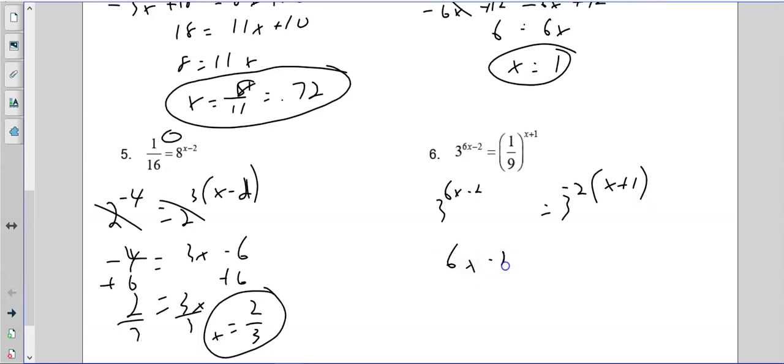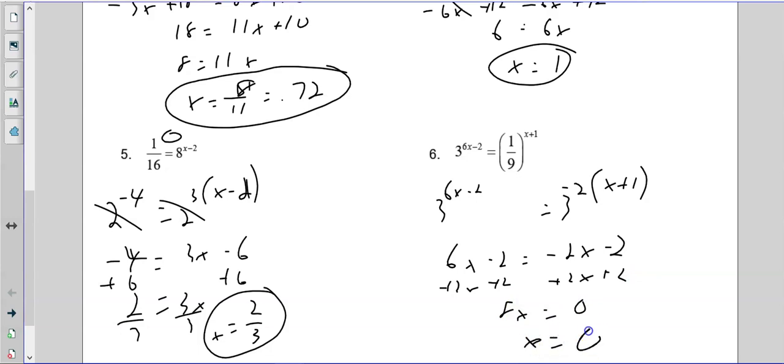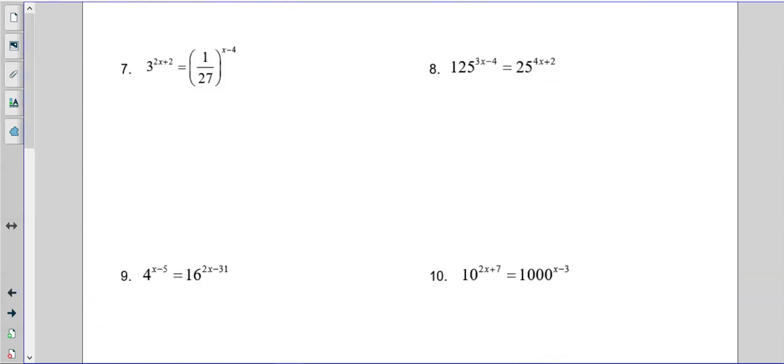So 6x minus 2 equals -2x minus 2. Add 2x. Add 2. And that gives me 8x equals 0. When I divide 0 by anything, I still get 0. That's it. All right, moving on.